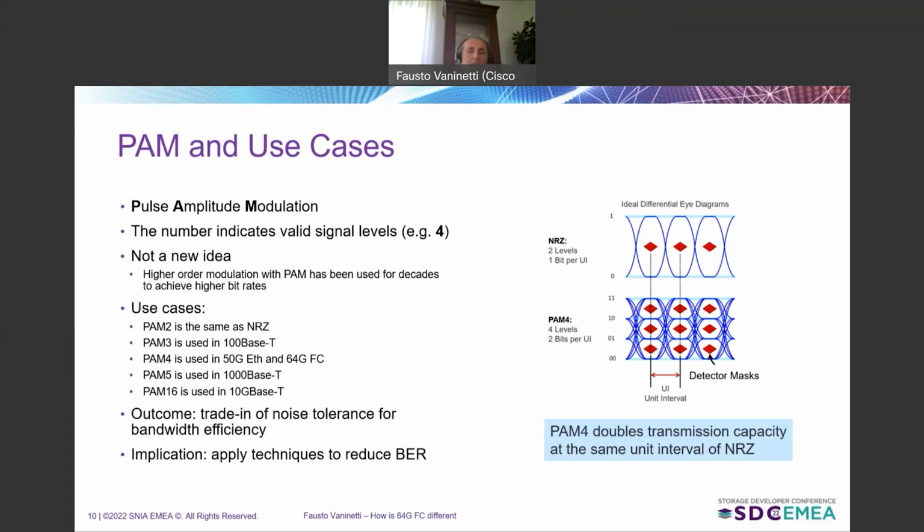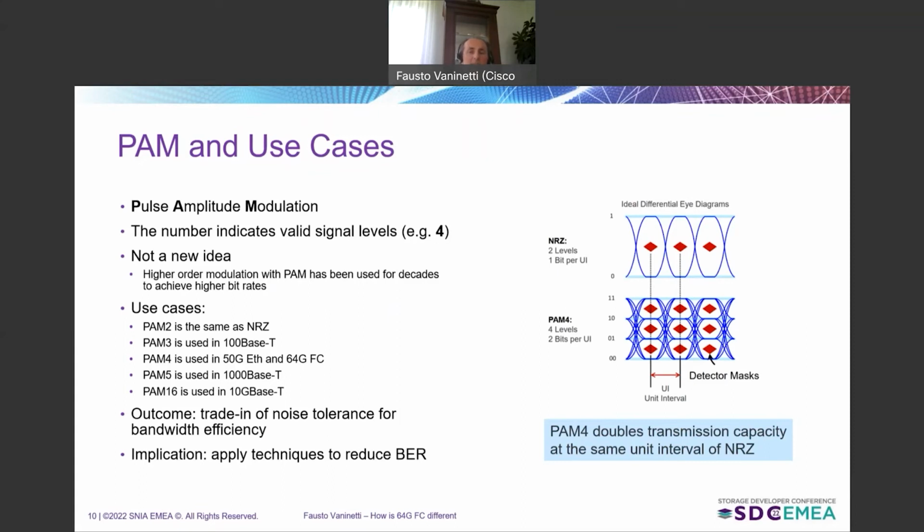So as you can see, the eye diagram is essentially now divided. You actually have multiple eye diagrams. And if you consider that you have noise into your link, you can understand that the chances to make a mistake in your decision about the level go up significantly.